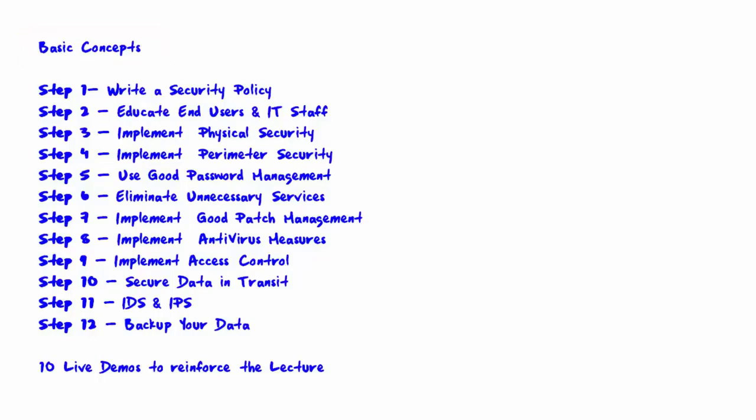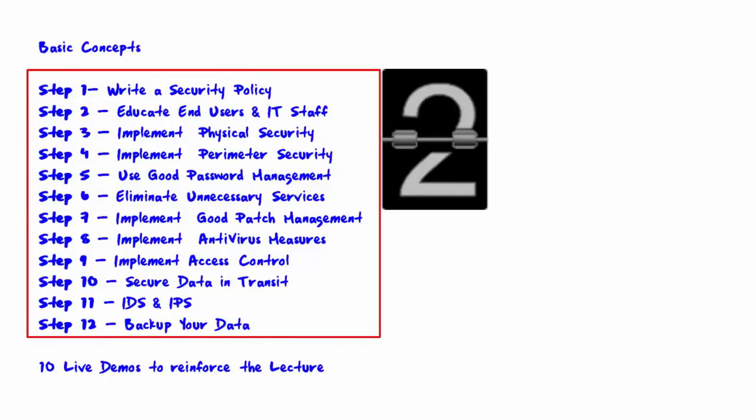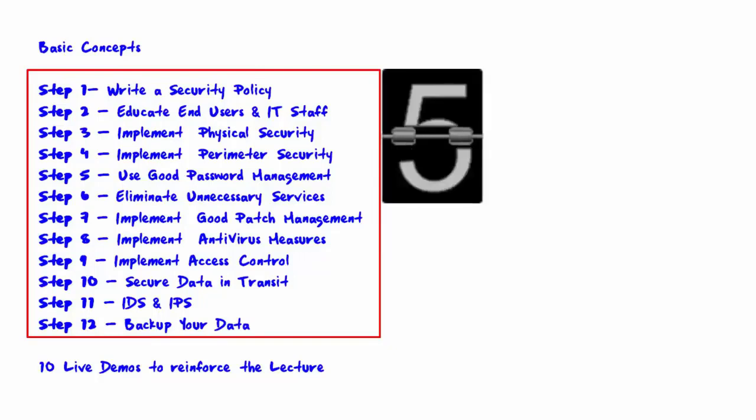Then we start with the steps. Step 1, write a security policy. Step 2, educate end users and IT staff. Step 3, implement physical security. Step 4, implement perimeter security. Step 5, use good password management. Step 6, eliminate unnecessary services.